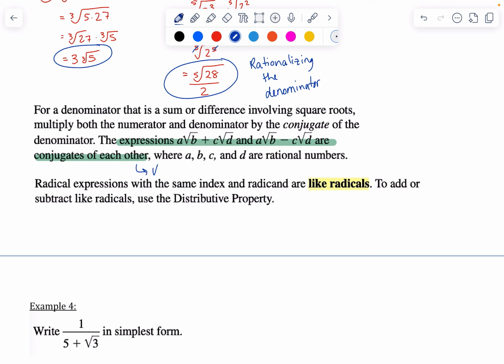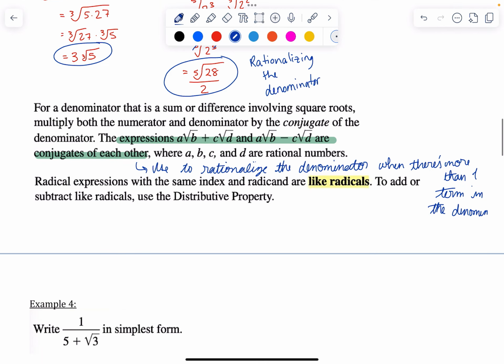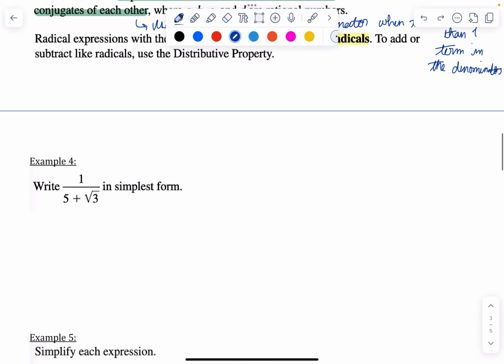Okay, so I'm going to come back to this part. Let's just begin. Example 4.